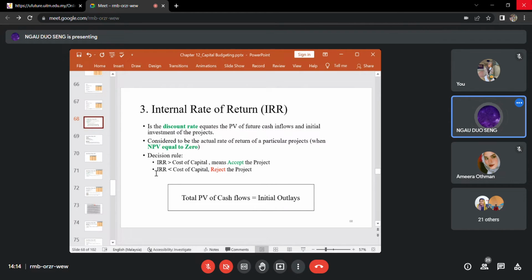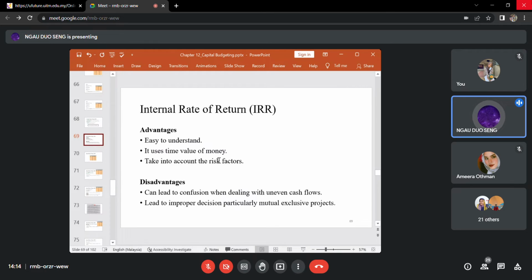When the internal rate of return is less than the cost, we are making a loss. Return is less, cost is higher. So we reject the project. So total present value of cash flow equal to the initial outlay lah, because of this, NPV equal to 0.